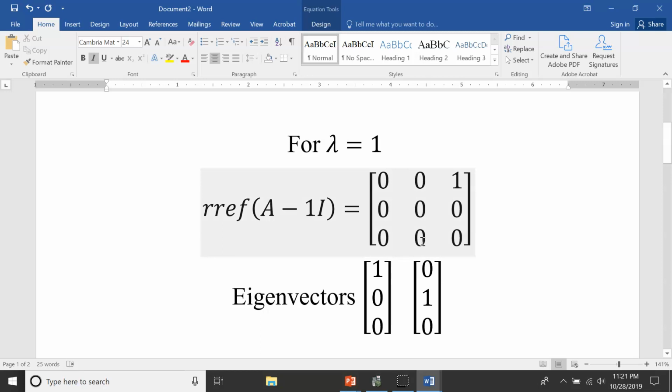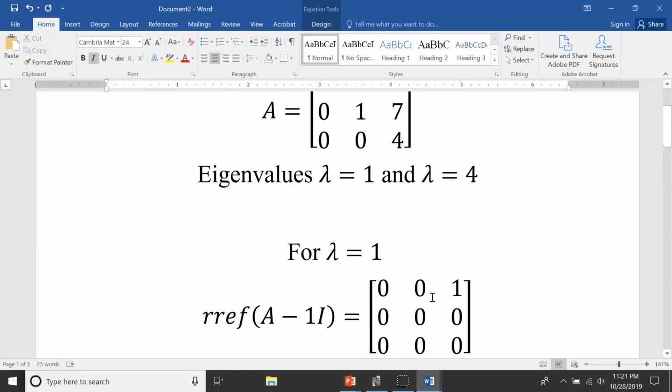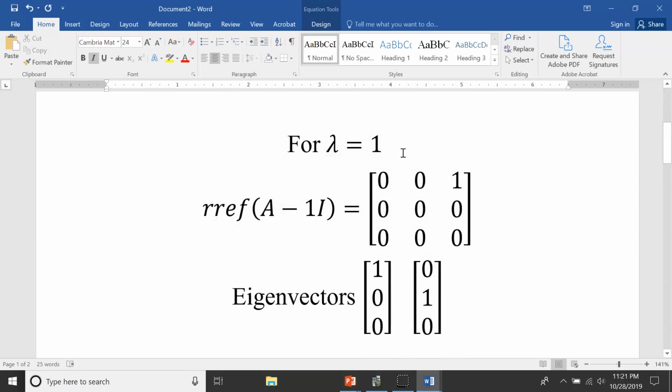And so what we can come up with are 2 linearly independent eigenvectors because we have 2 free variables. All right, these would have been the eigenvectors that form the basis for our eigenspace corresponding to lambda equals 1.